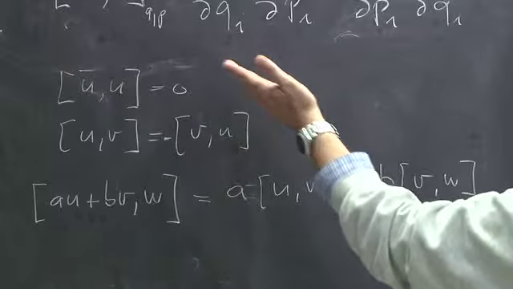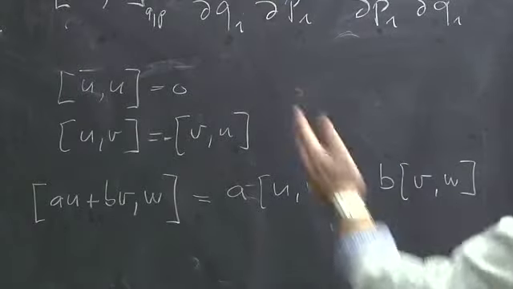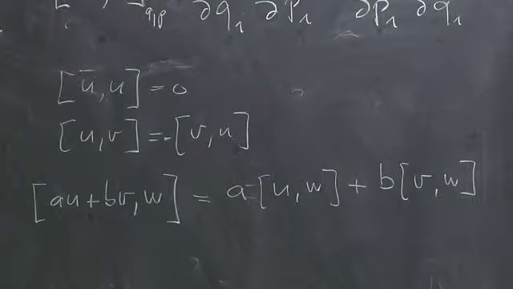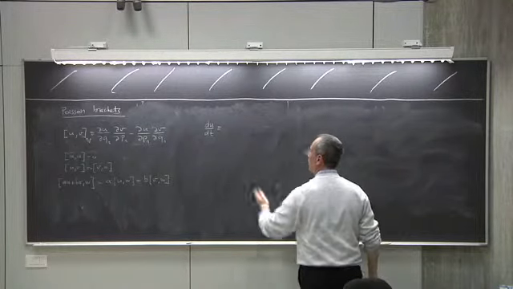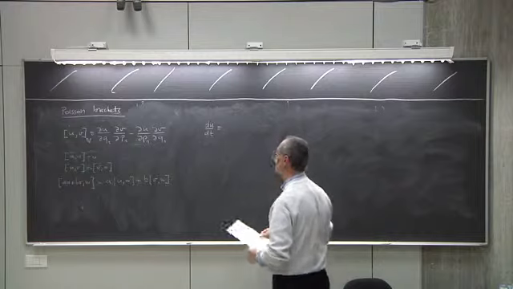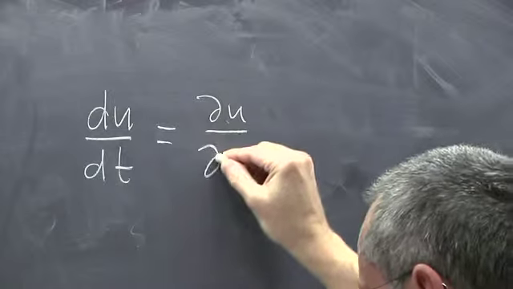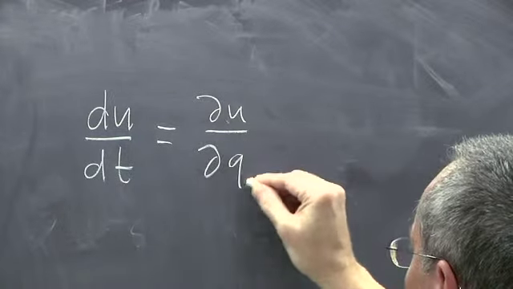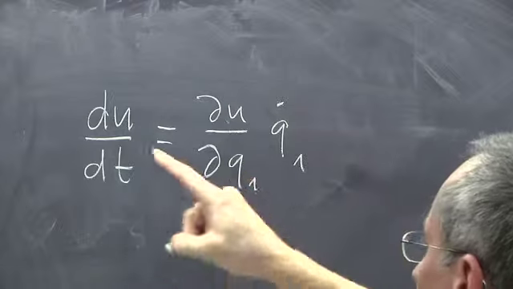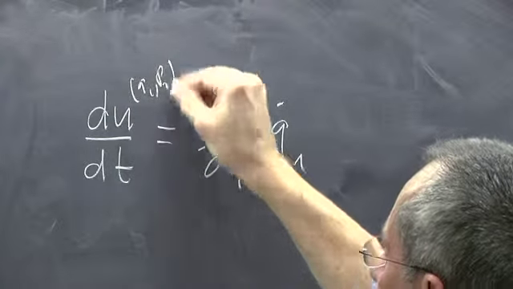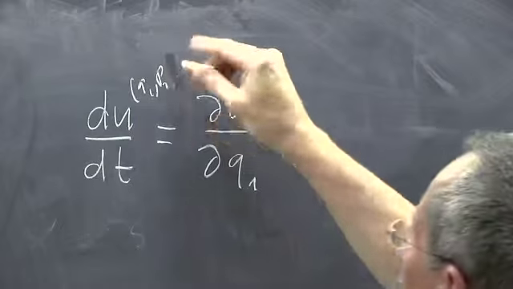Now, why was Poisson getting these terms all the time? Well, it's easy to understand. Take any function of your canonical variables, let's call it U, and take the total derivative, the same that we did half an hour ago when we took F1, for instance. That we know how to do: dU/dQi times Q dot i, since U is a function of Qi and Pi of your canonical transformation, and maybe also t, why not?